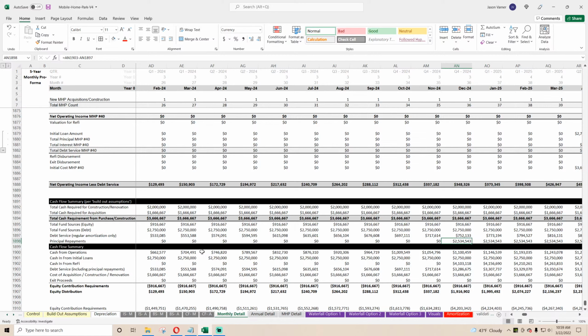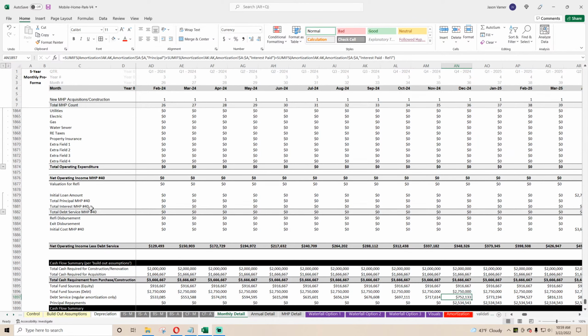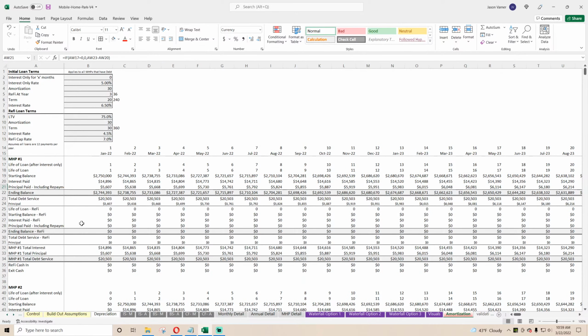So this is saying principal repayments don't start until, now why are they starting all the way over here? Let's see. So this is everything. Principal, interest paid. Let's go back to the amortization tab, it's principal, interest paid refi.